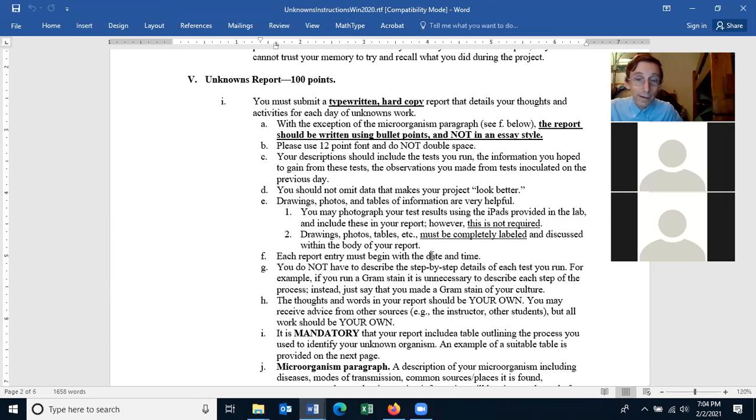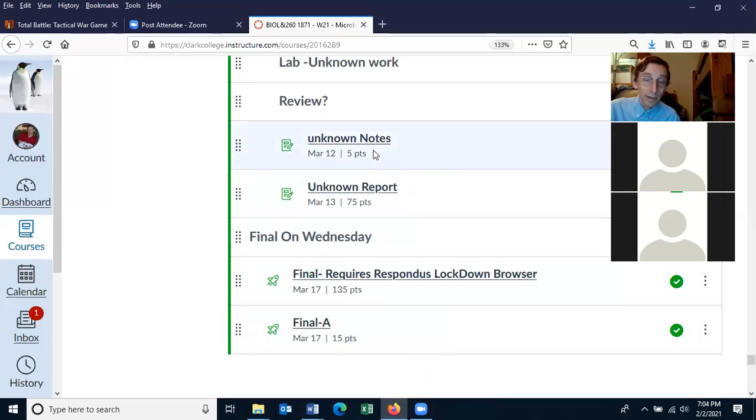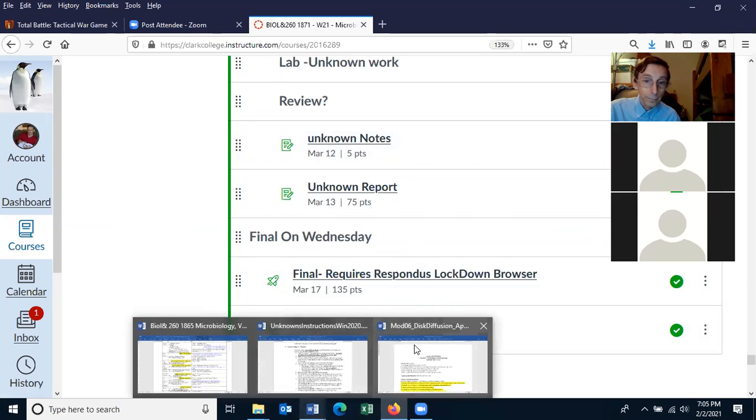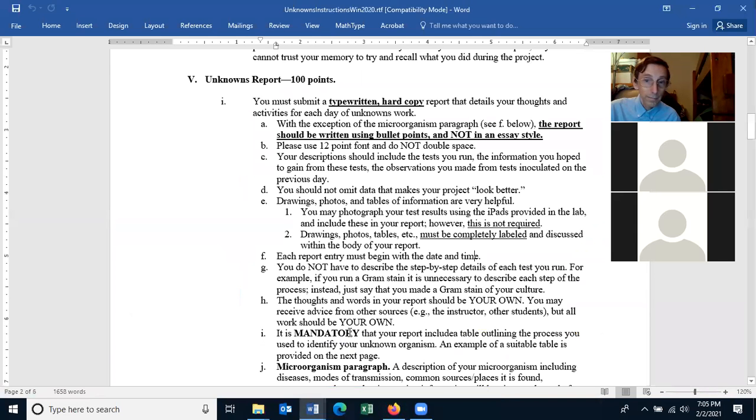If for some reason you do have more than one report per day, then you should also put the time. And I'm not terribly worried about that because the unknown notes page will put the date and the time on automatically. But when you're writing up your lab report, you should have each report starting with the day.